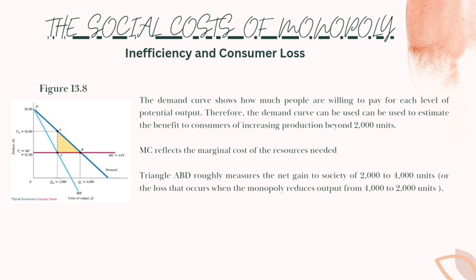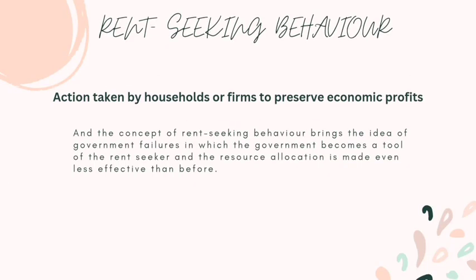MC relates to the marginal cost of the resources needed. Triangle ABC roughly measures the net gain to society of 2,000 to 4,000 units, or the loss that occurs when the monopoly reduces output from 4,000 to 2,000 units.